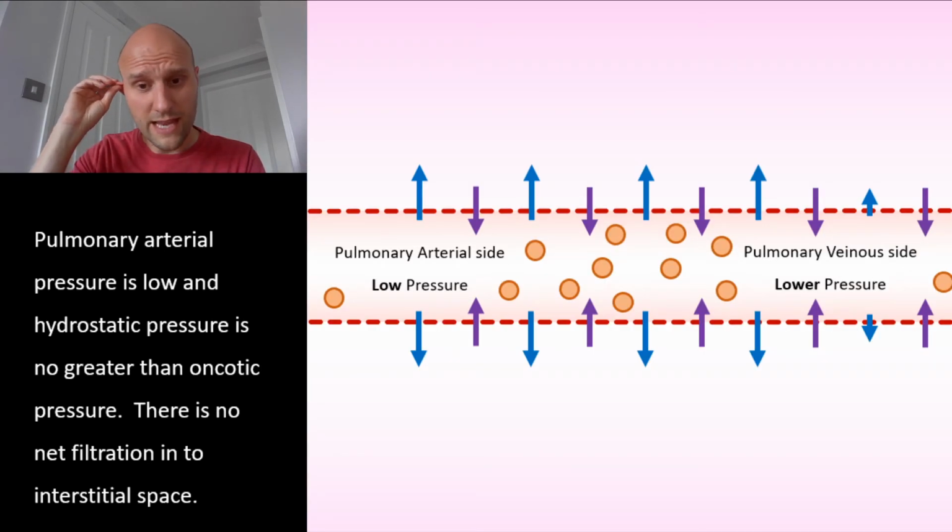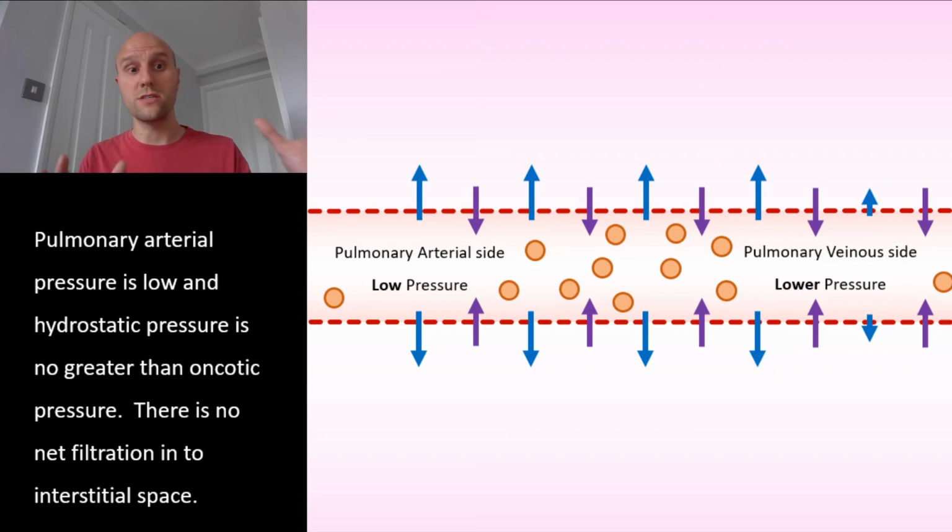In health, in our diagram here, we can see that the smaller amount of hydrostatic pressure roughly equals the oncotic pressure within the capillaries, and so there's not really that same net filtration of fluid. In general, your lungs in health shouldn't have a lot of interstitial fluid being pushed out by the hydrostatic pressure.